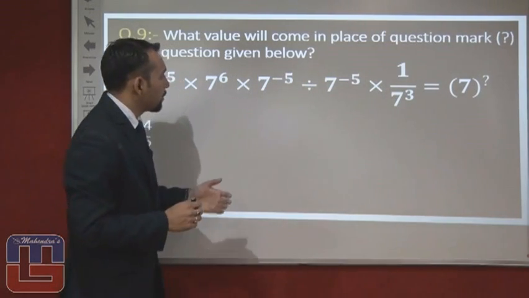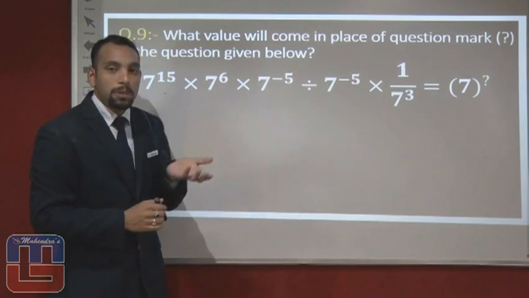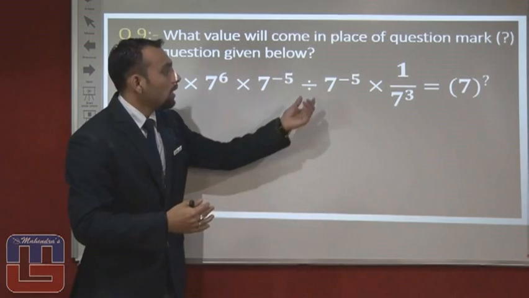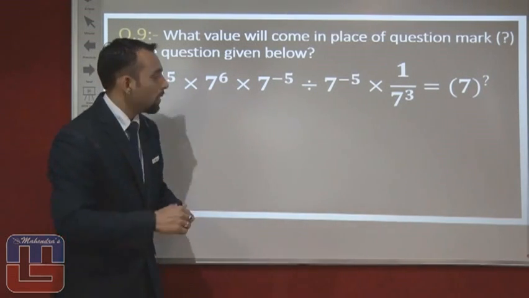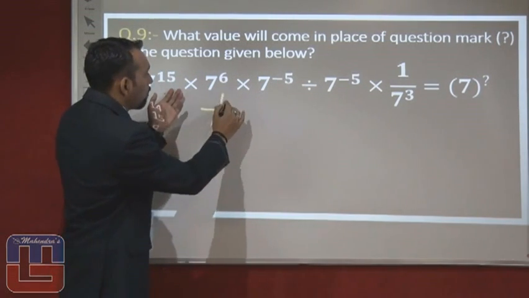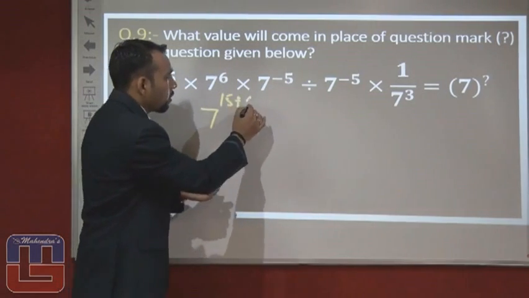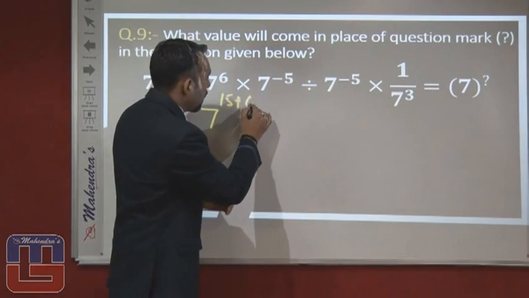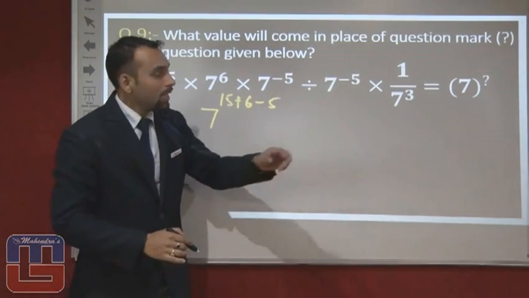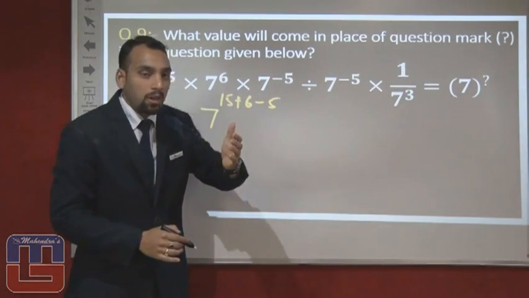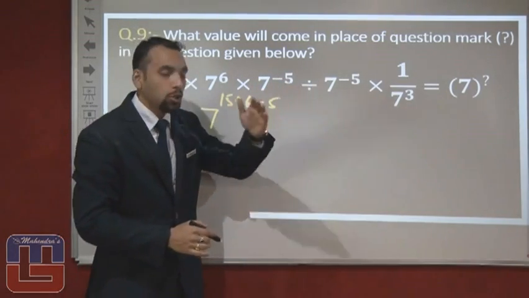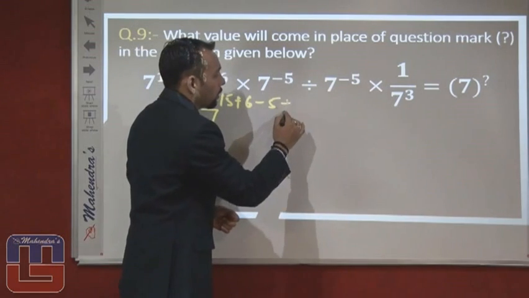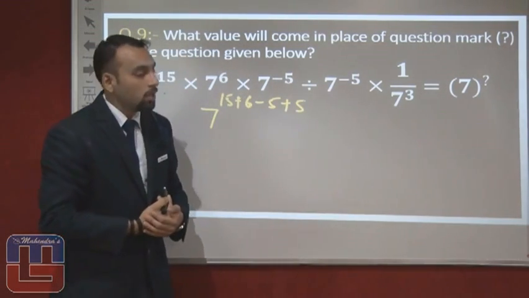For example, now see, those which are multiplication, we add, and those which are division, we will subtract. For example, this is 7, 15 plus 6, because sign is multiplication. Here minus 5. Now see, it is a divide, and if you change this divide into multiplication, power will automatically change, so it will be equal to plus 5.